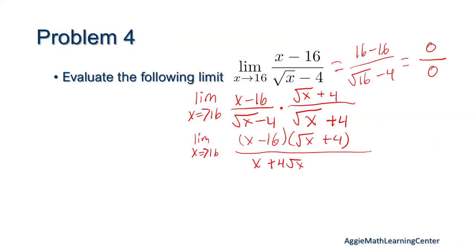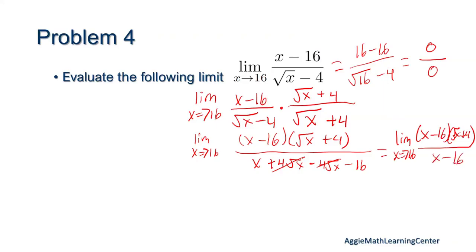Negative 4 times square root of x is negative 4 square root of x. And then negative 4 times positive 4 is 16. So these terms go away right here, and we are left with the limit as x approaches 16 of x minus 16 times square root of x plus 4 over x minus 16.